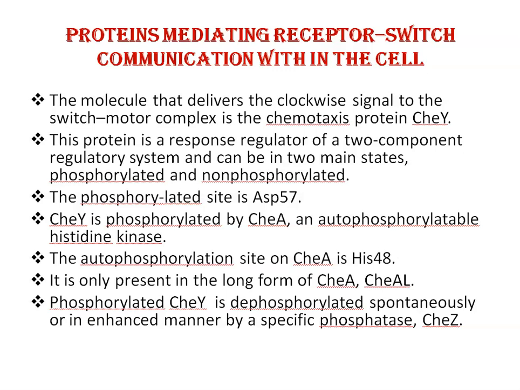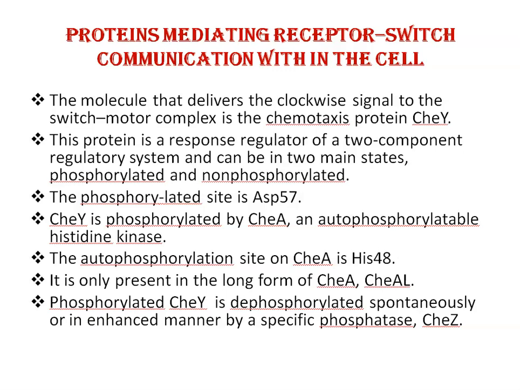This protein is the response regulator of a two-component regulatory system and can be in two main states, phosphorylated and non-phosphorylated. The phosphorylated site is ASP57. Chemotaxis Y is phosphorylated by chemotaxis A, an autophosphorylatable histidine kinase. The autophosphorylation site on chemotaxis A is HIS48, and it is only present in the long form of chemotaxis A, chemotaxis AL.